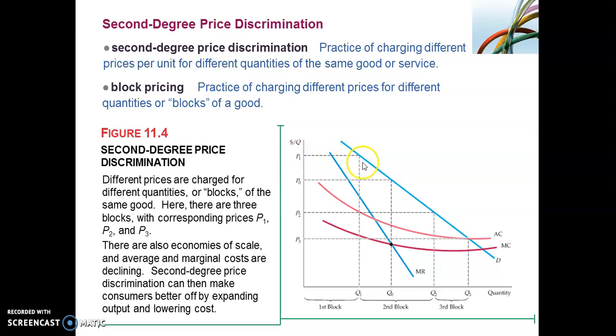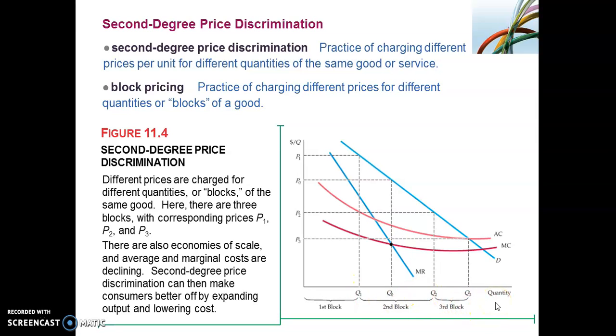It is charged for the first block up to quantity Q1. Then the corresponding price for the second block is P2. And then the third price being charged is that of P3 for the third block. So it's the practice of charging different prices, P1, P2, P3, for instance, for different quantities or blocks of a good.